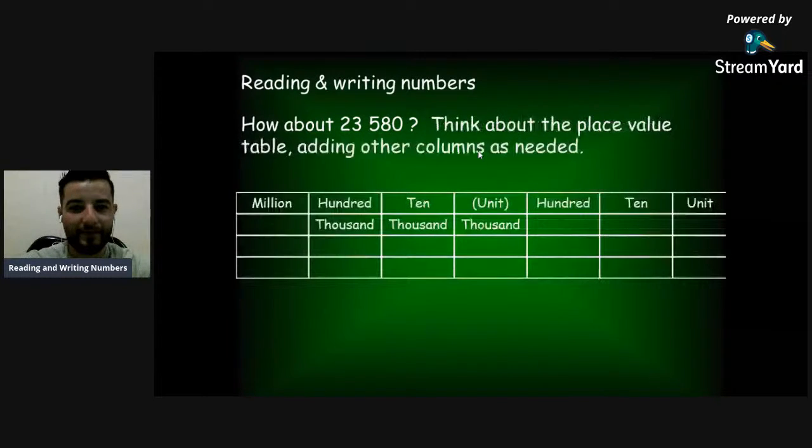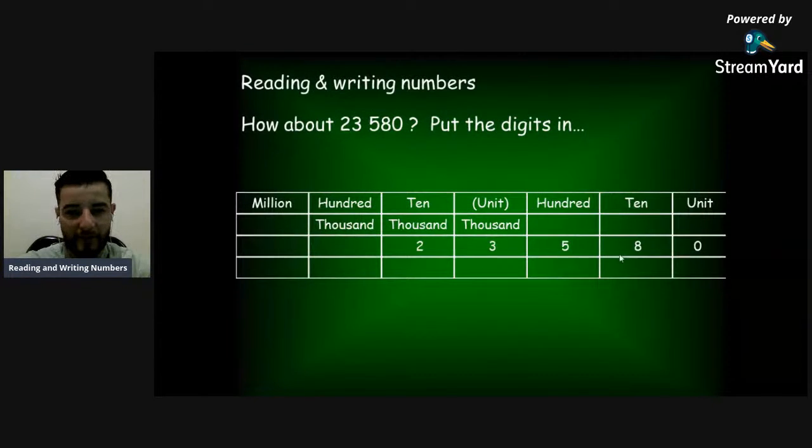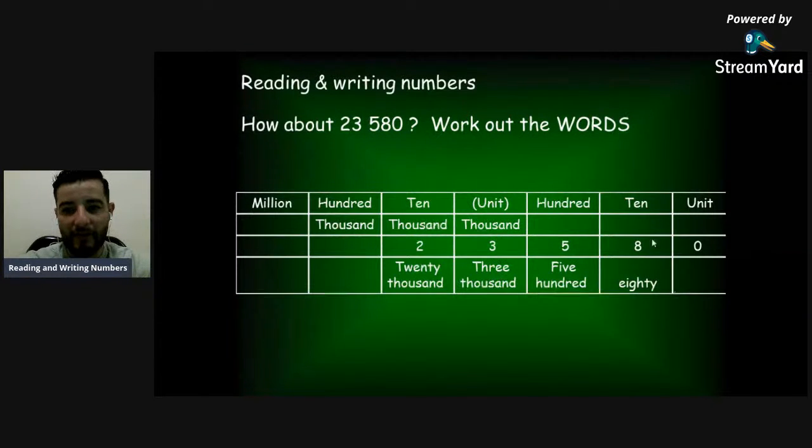So that will be 23,580. If we have our table, we have the units, tens, hundreds, thousands, ten thousands, hundred thousands, and a million. In this case, it would be 23,580.